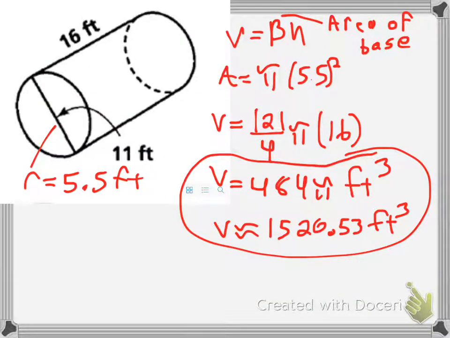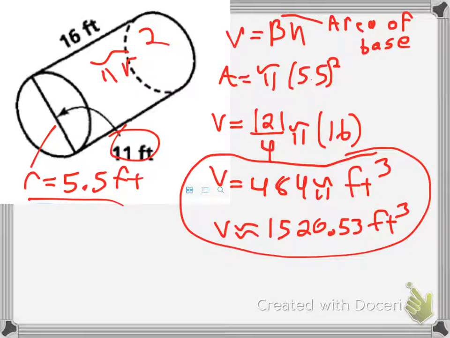Next problem is a cylinder. It has volume equals big B times H, or area of the base times height. Again, our radius is 5.5, which is half of 11. Formula is pi r squared.